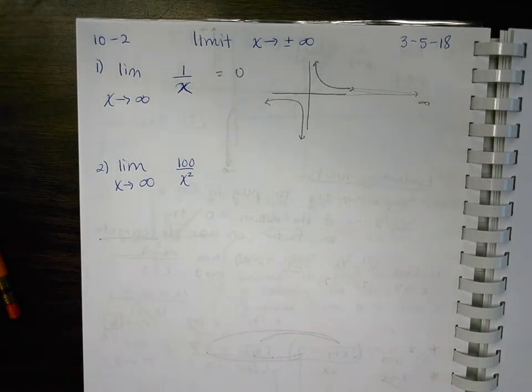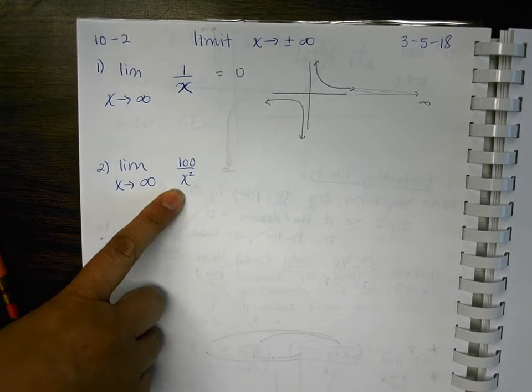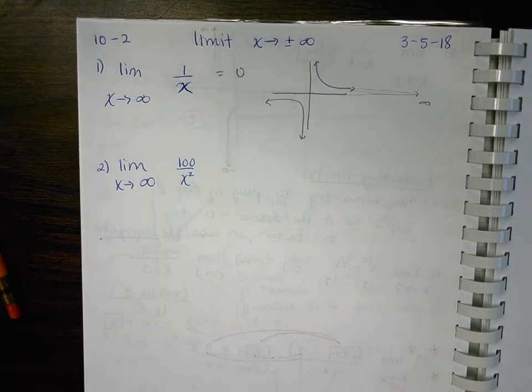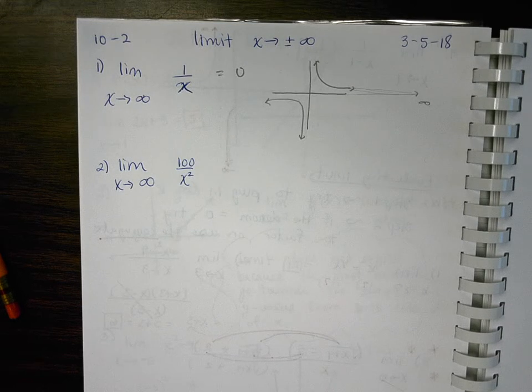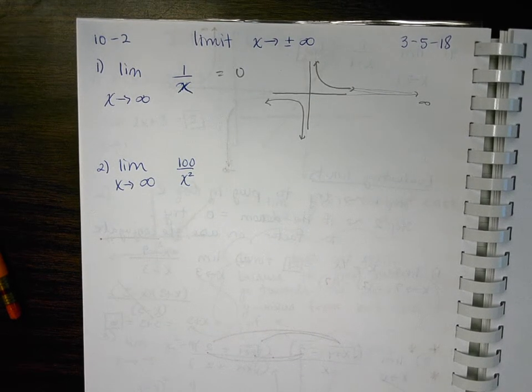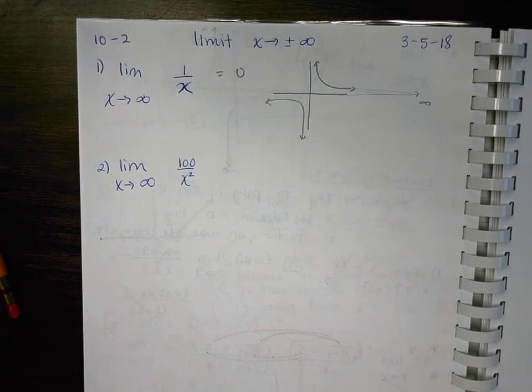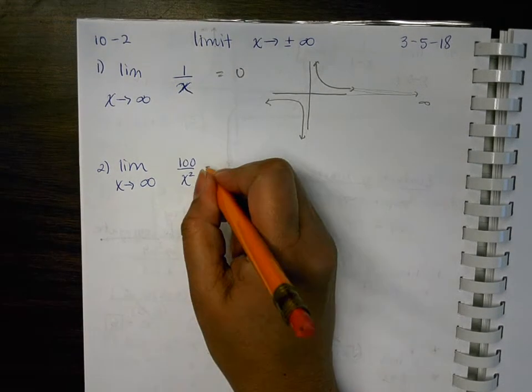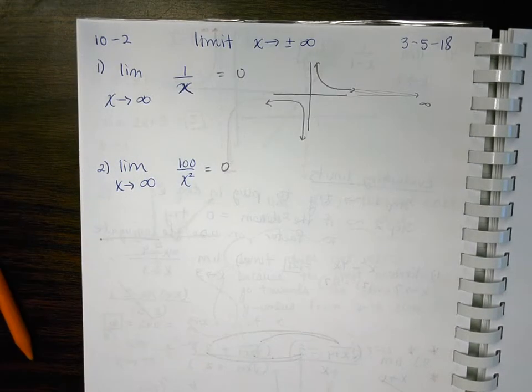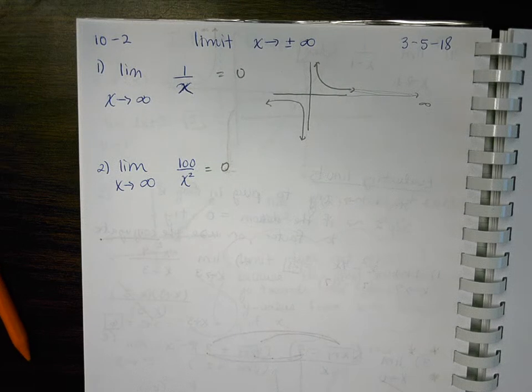All right, so think of it as $100 now instead of 1, and you're dividing it amongst infinity squared. Infinity squared is still infinity. So $100 divided amongst an infinite amount of people still ends up being 0. It still ends up being close to 0, so we say 0.